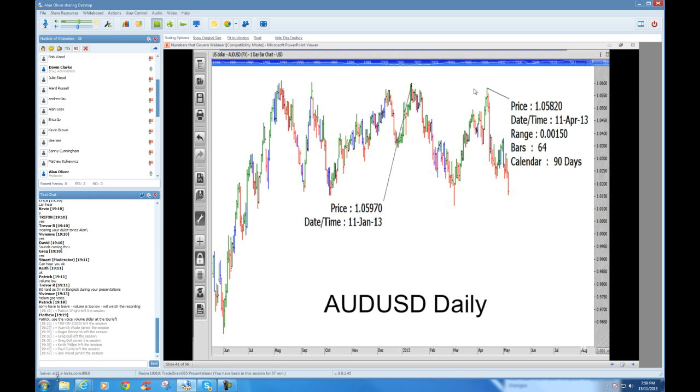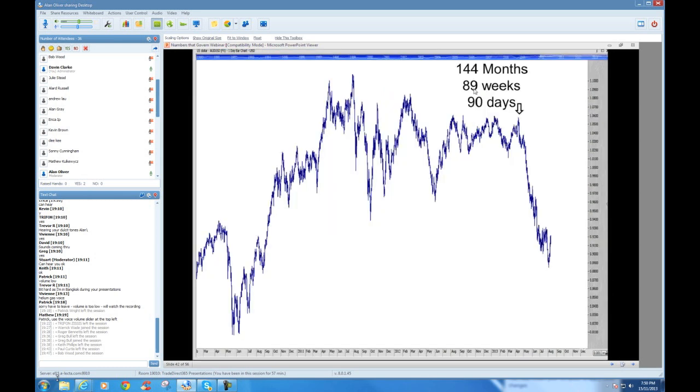So when we look at it in summary, what we have got is a fabulous example of how the Fibonacci numbers pay off handsomely. At this point in April, what we had was 90 days from the previous top. What we had was 89 weeks from the major high, and we had 144 months from that very significant low, and it all came in around the same time.